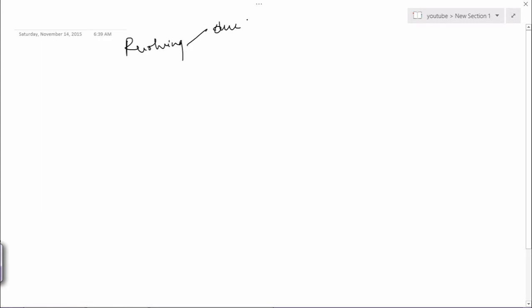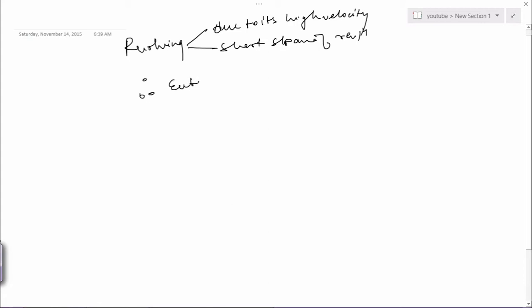due to its high velocity and short span of revolution, the entire Earth is covered at fixed intervals.